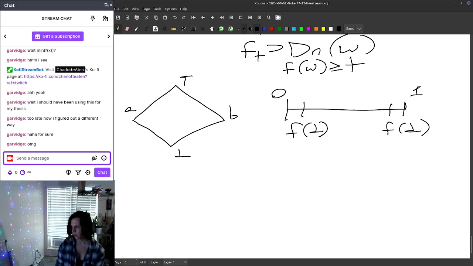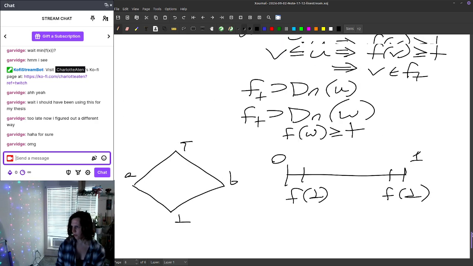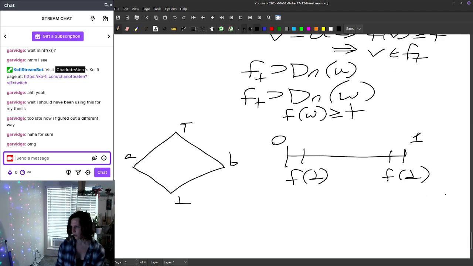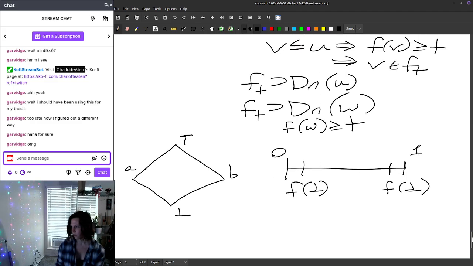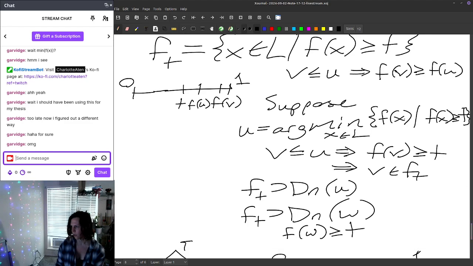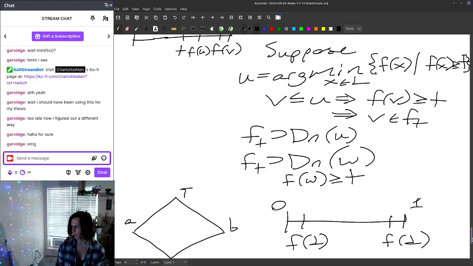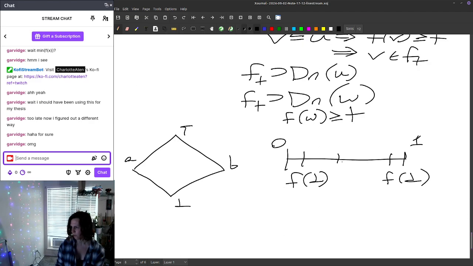Now for A and B, let's see what happens. What if we have f of A here and f of B here?